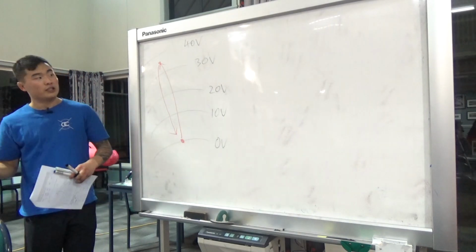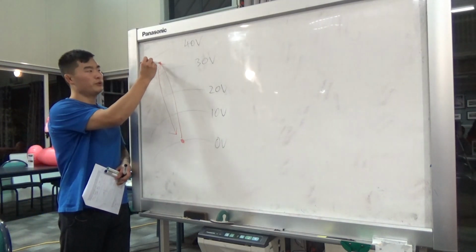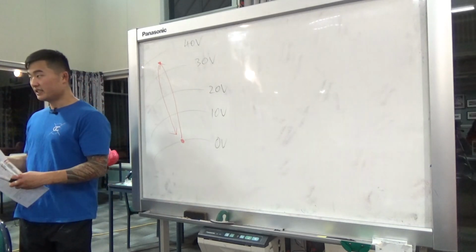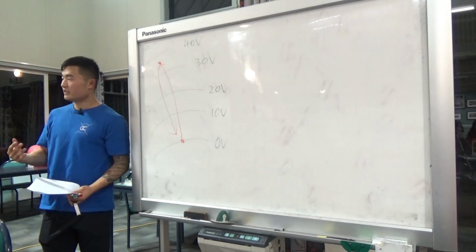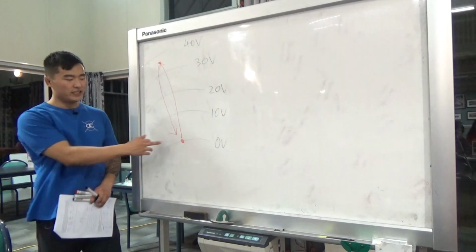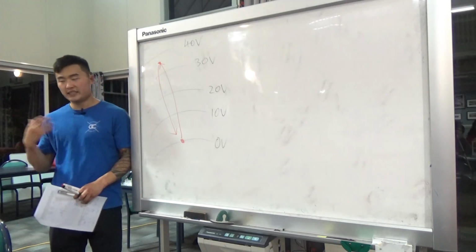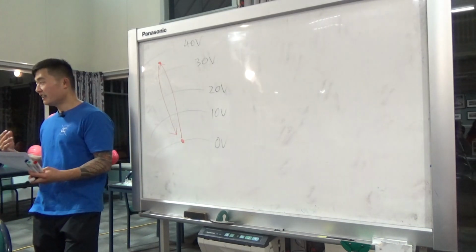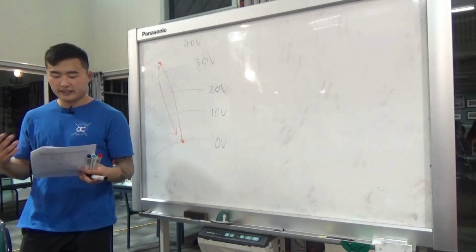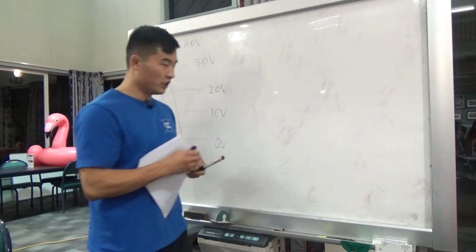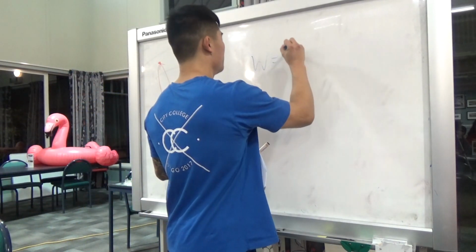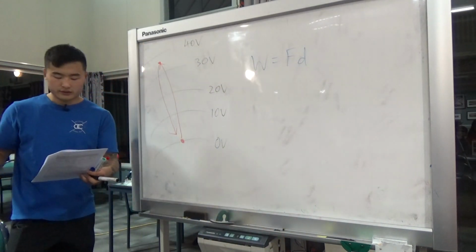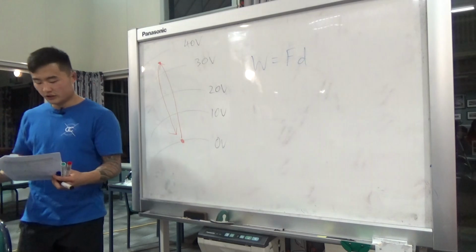Okay, so if you remember, I said that what we're only interested in when we talk about work is the starting position and the finishing position. So in this case, it's finishing up where it started. So essentially the distance that it's moved is 0. Work is equal to force times distance, and since the distance is 0, your answer is going to be 0 joules.